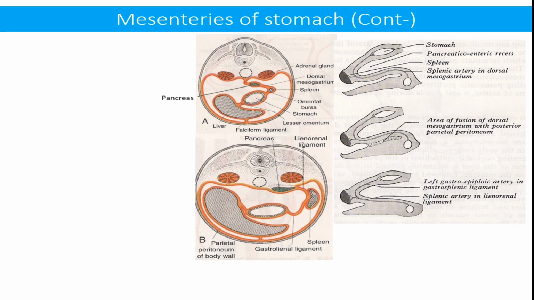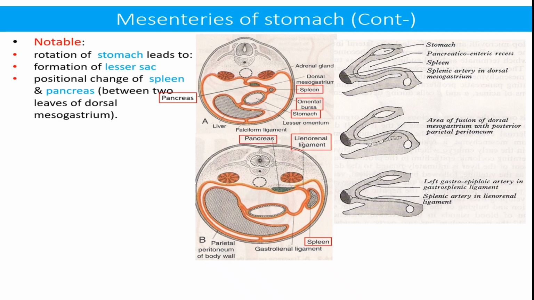A notable and very interesting aspect of the rotation of the stomach is that it leads to: number one, formation of the lesser sac. Number two, it causes positional change of the spleen and pancreas, which lie between two leaves of the dorsal mesogastrium.